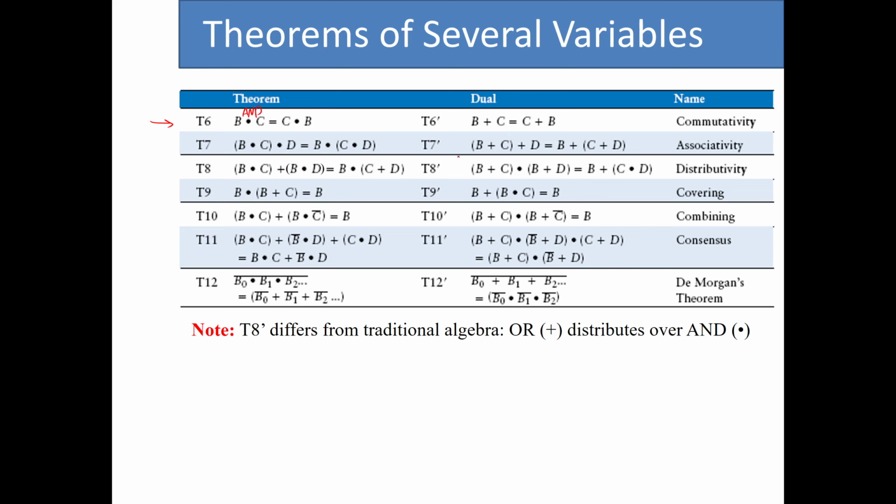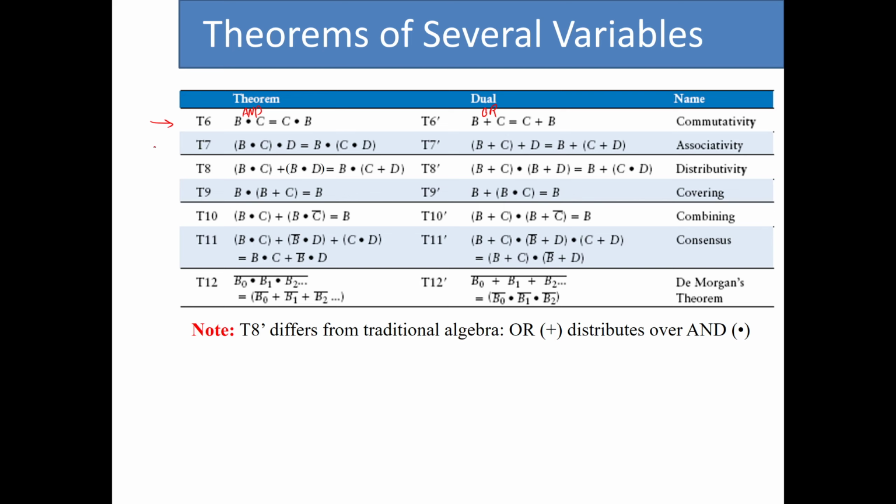As for its dual, we replace any AND that we have with OR. And again, it says that B or C equals C or B. Very intuitive.